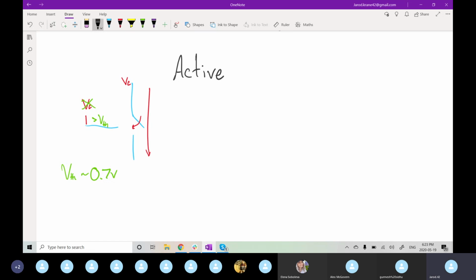So what that means is we can see that our collector current, so the current that will flow through the device, is now going to have a relationship to the current that's seen on the base.